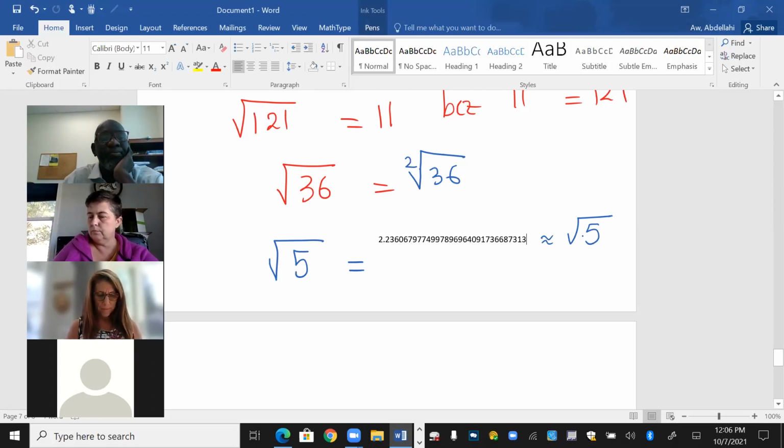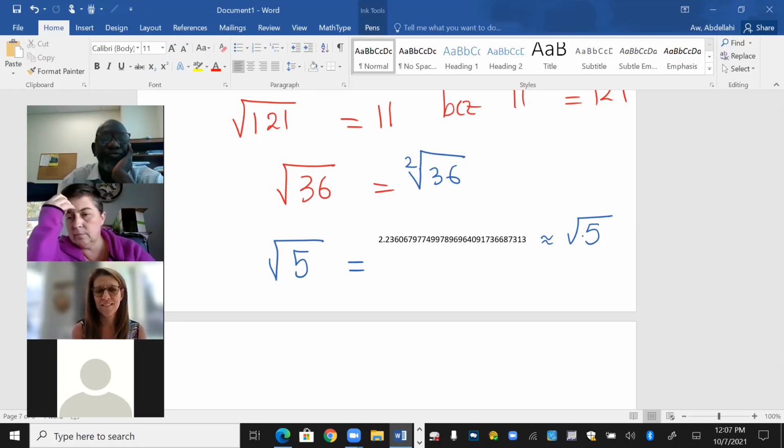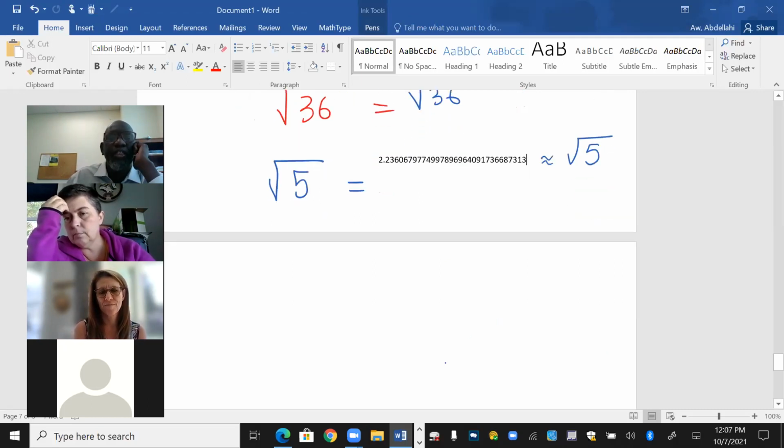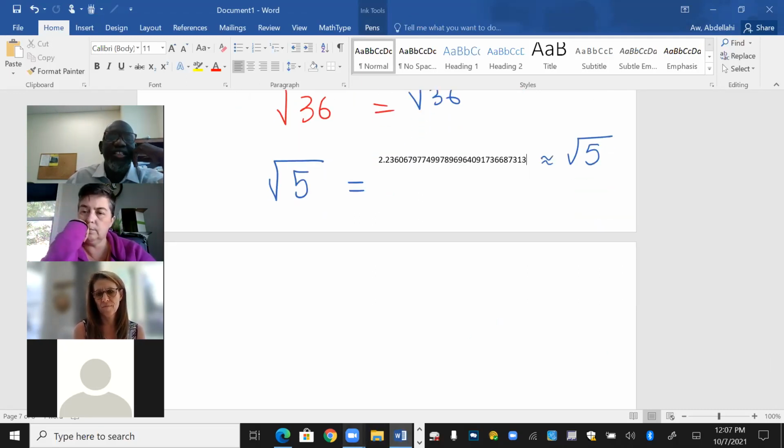But any positive number has a square root, right? Whether it is an exact number or sometimes not an exact number, but any number, if it is positive, then it has one. Now, if I want to take the square root of a negative number, look what is going to happen.